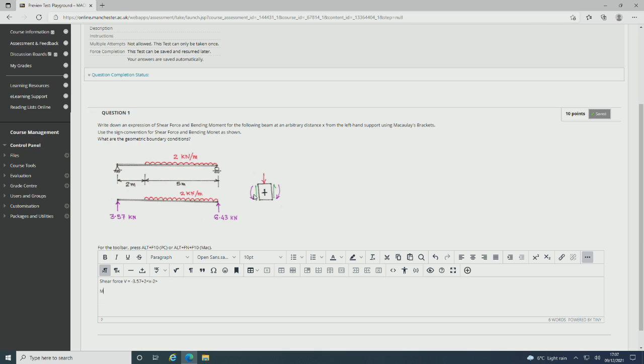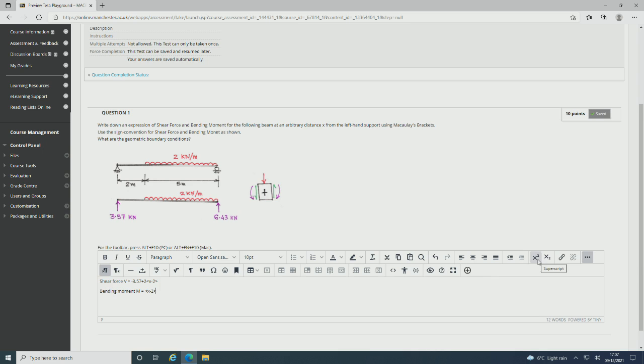In the same way, you can say bending moment M is equal to, so the expression is given there, x minus 2 squared minus 3.57x. So you can write down that x minus 2, and square you can put in this way here.